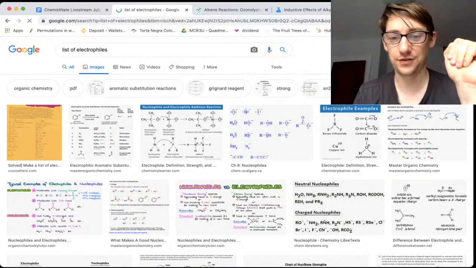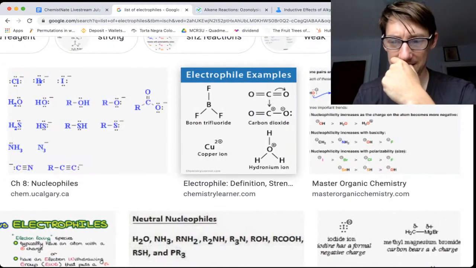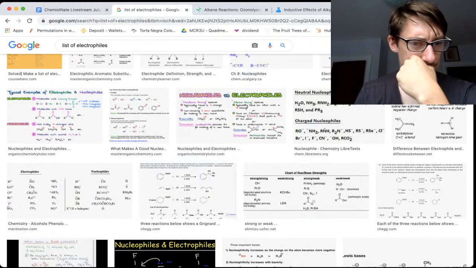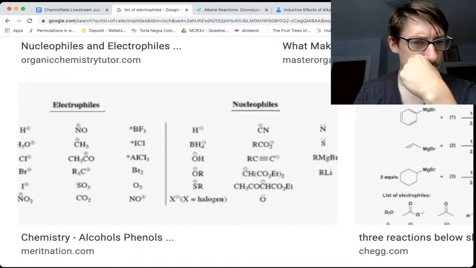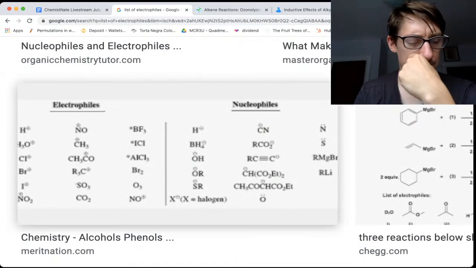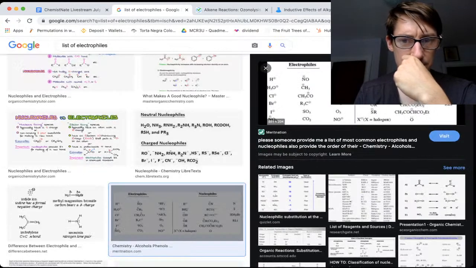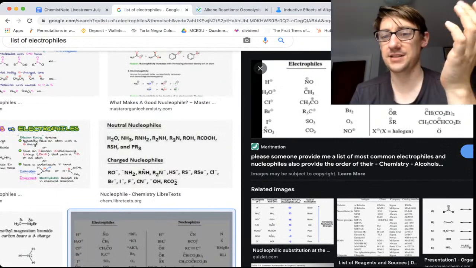I search list of electrophiles and it gives me a pile of nucleophiles instead. That's fun. There we go. Oh, halogens. Oh, right. Electrophilic substitution.